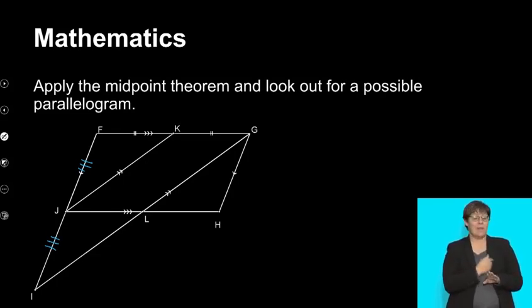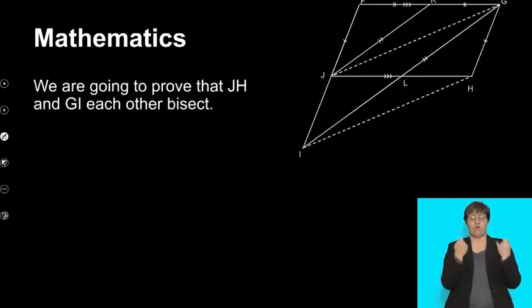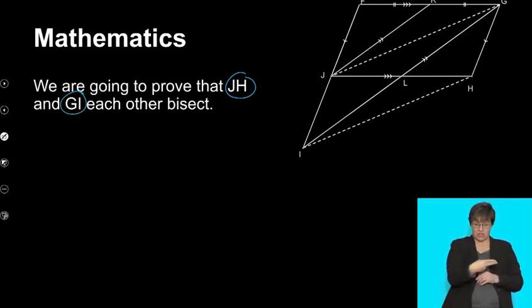Based on that, we can try and throw in some parallelograms, which I'm going to do with a broken line now. We are going to prove that JH is bisecting GI. Guys, this J and G are really confusing because they sound the same at times.